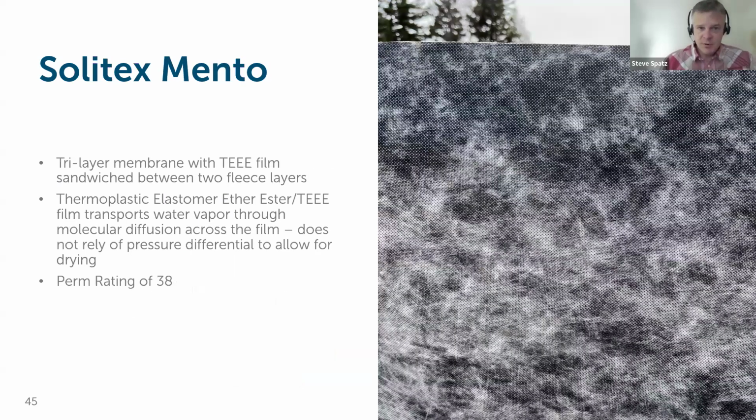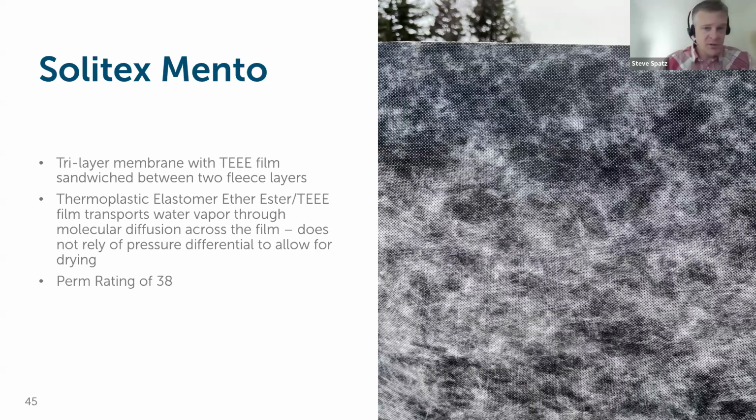Solitex Mento from Proclima. This is a European product and one of the European products that is using TEE film, thermoplastic elastomer ester. It's a film, again, engineered specifically to allow for molecular diffusion across it, from one side to the other.